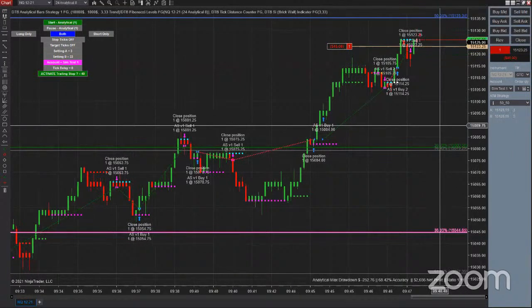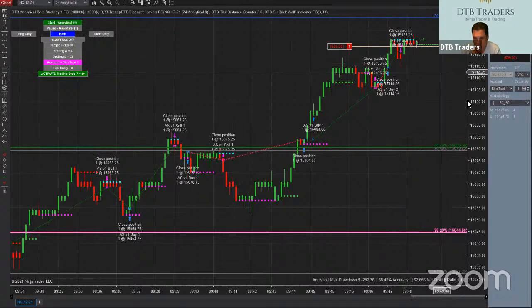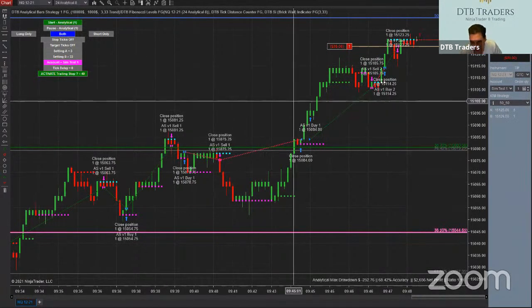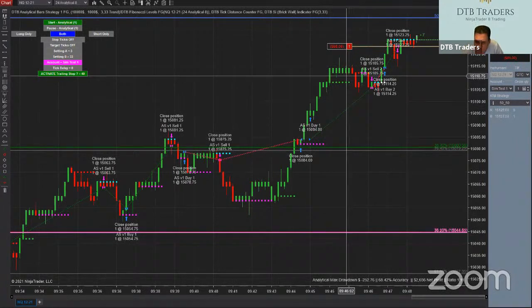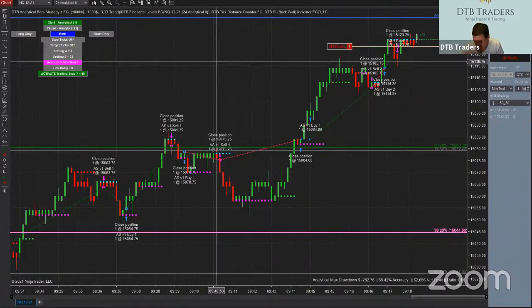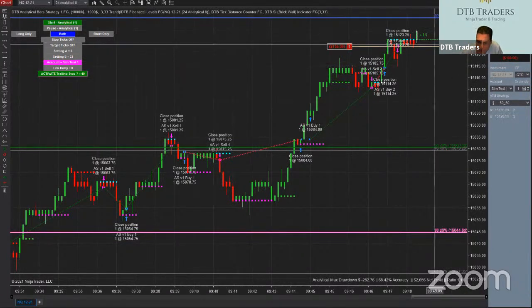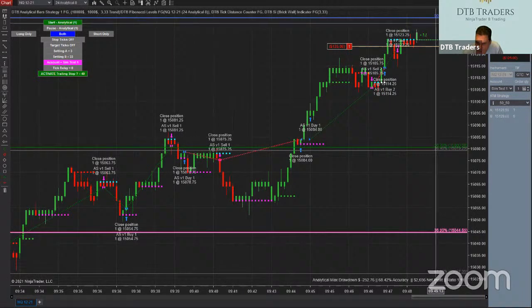I have the same issue. I'm a bit confused. Maybe it's just the running of the bars showing. So there's that 50. Okay, we're very, very close to it.